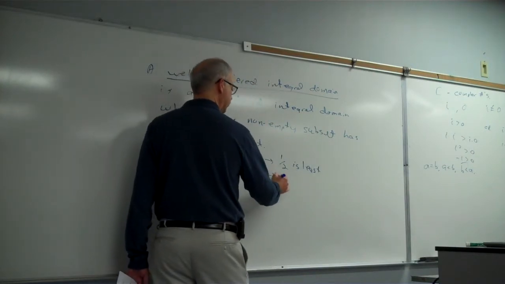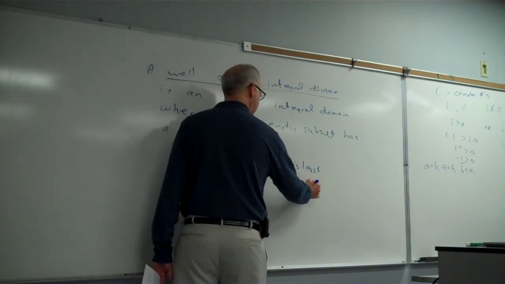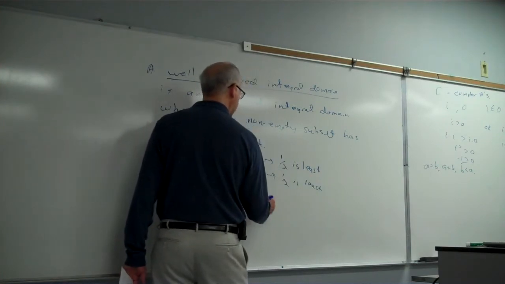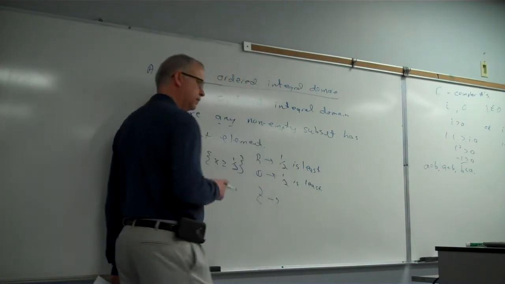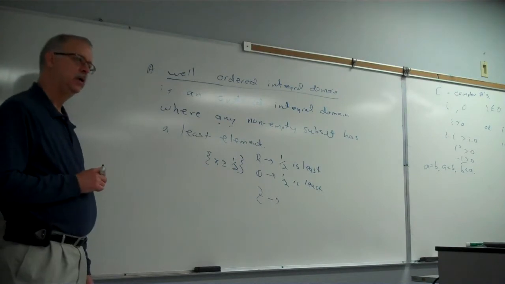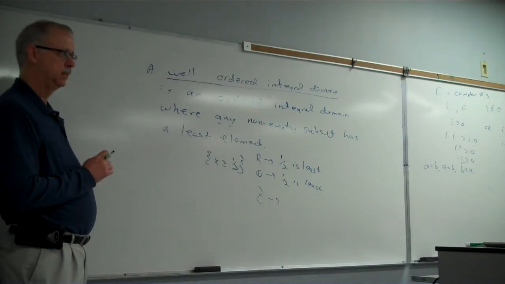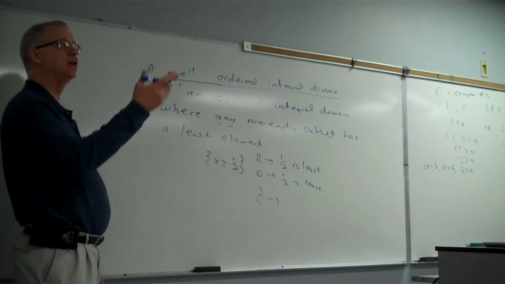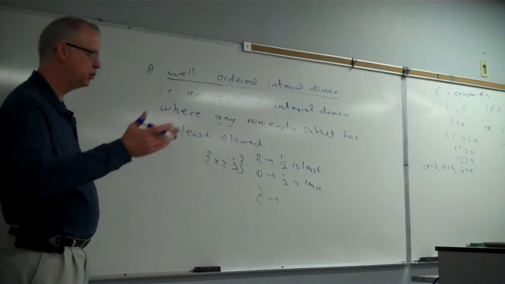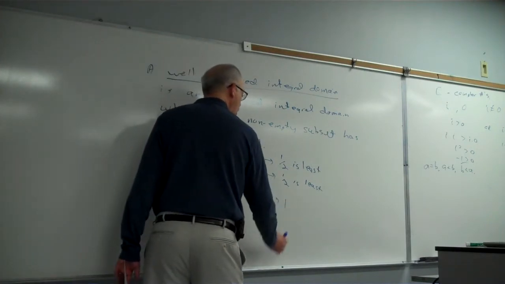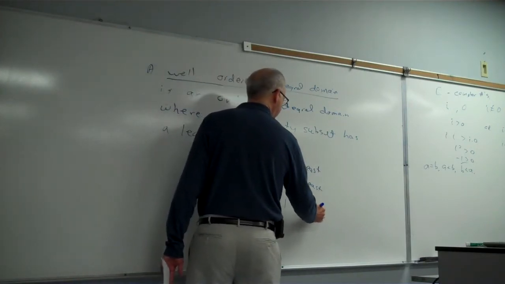Similarly on the rationals. What if we're talking integers? Is there a least element? One. I mean, we described it a little weird if we're talking only integers, but 1 is the least element.